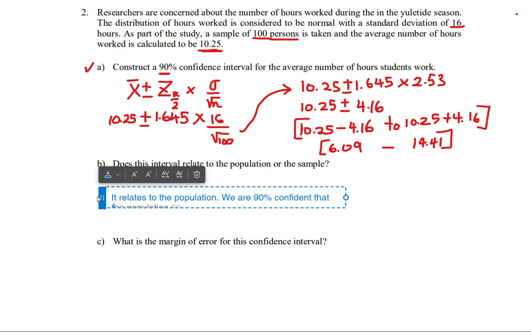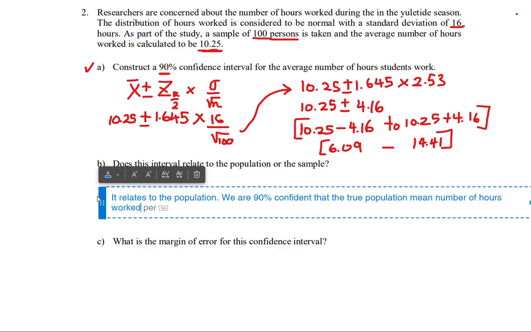We're 90% confident that the true population mean number of hours worked during the Christmas season, during the Yuletide season, is between 6.09 hours and 14.41 hours. Yes? And that is how we would interpret our result.